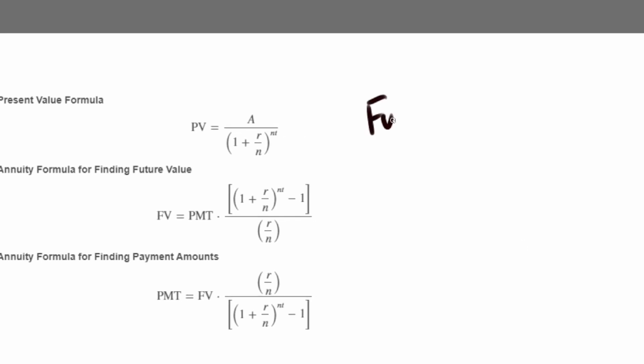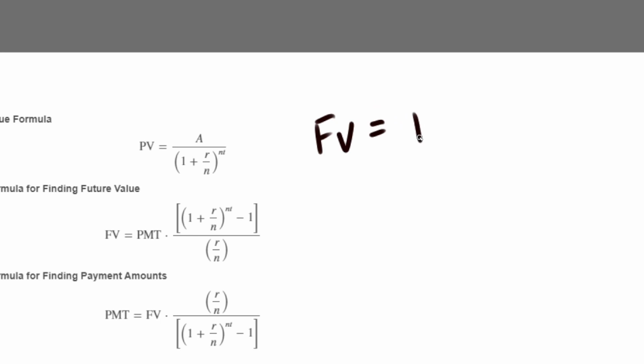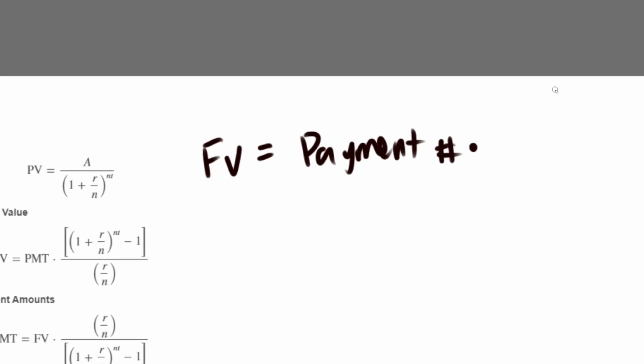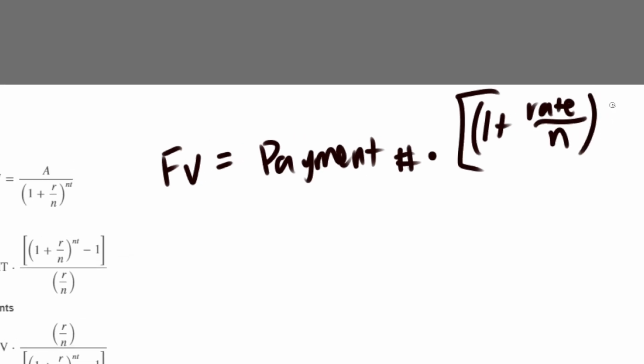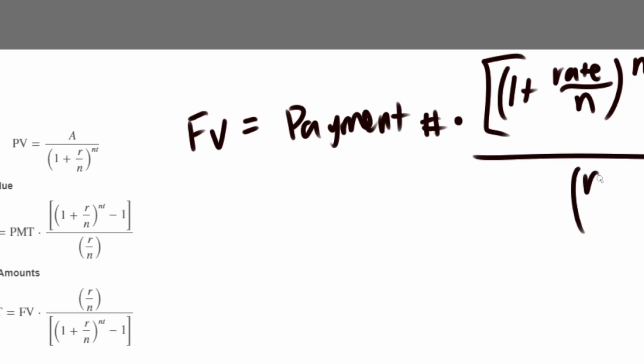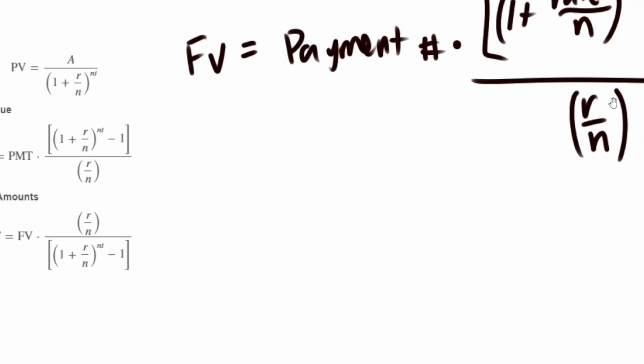The future value is equal to payments times our payment amount, times, it's going to be gross to write out, brackets, parentheses, 1 plus rate over amount of times it compounds, to the amount of times it compounds times the time, and then minus 1, and that is a bracket, and it's our top part, over our rate divided by our amount of times we compound.